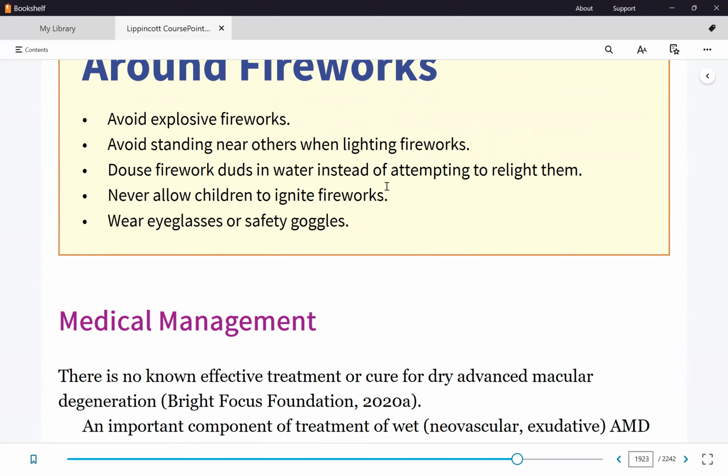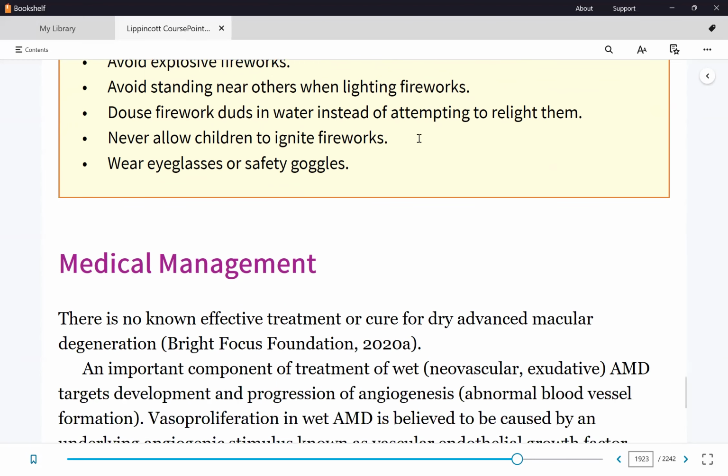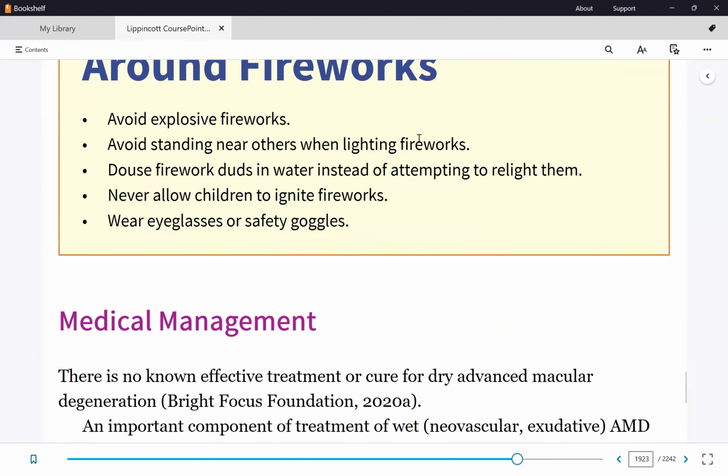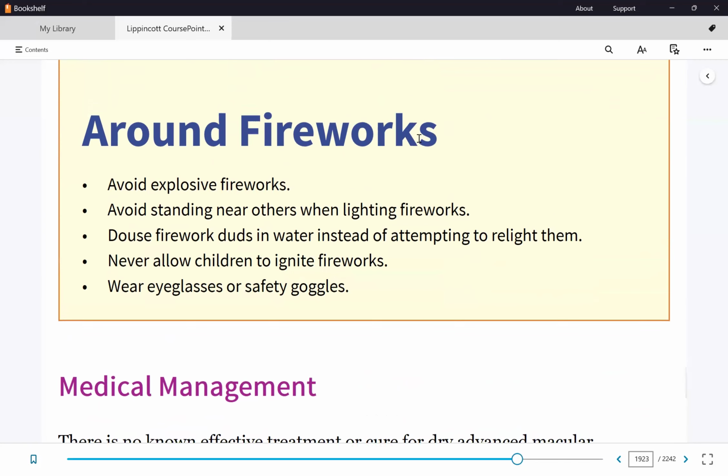Look at that. Douse firework duds in water instead of attempting to relight them. I mean, why would you do that? Here, avoid standing near others when lighting fireworks. Yeah, okay. Here, never allow children to ignite fireworks.